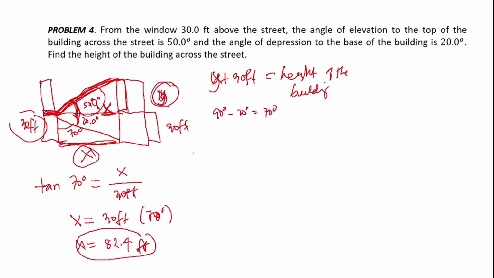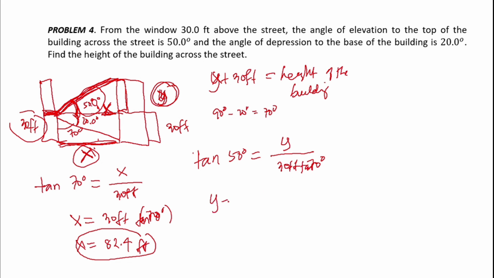So tangent 50 degrees is equal to the opposite, which is y, over the value for x here, since they are equal. So this is 30 feet times tangent 70 degrees.